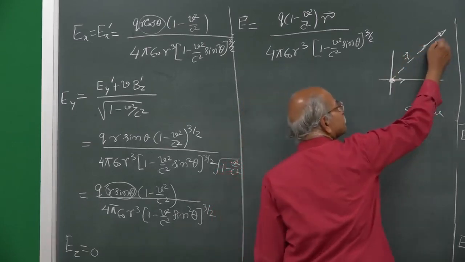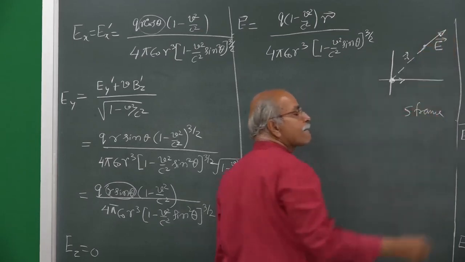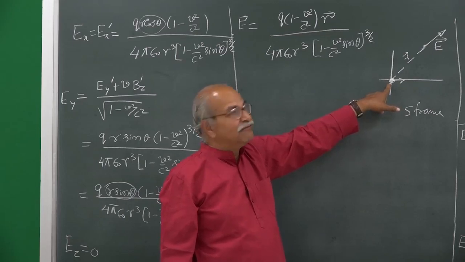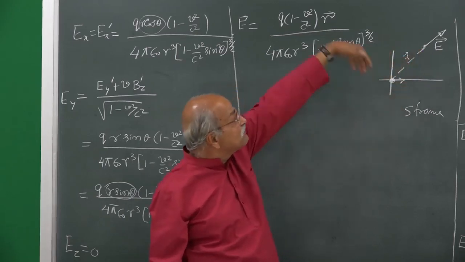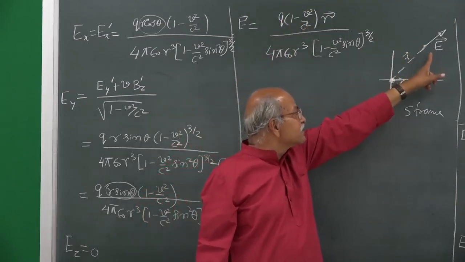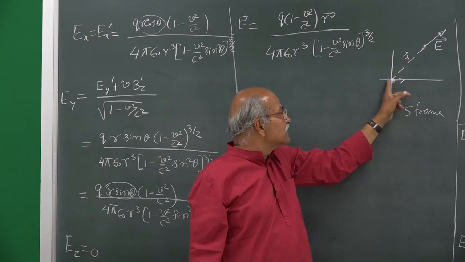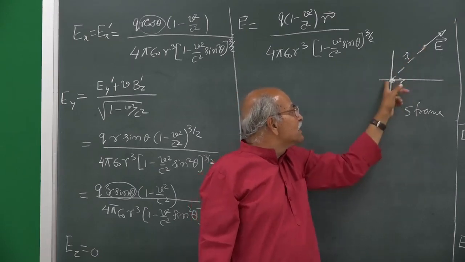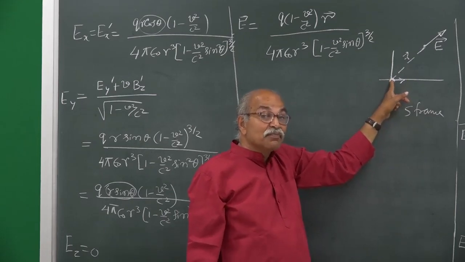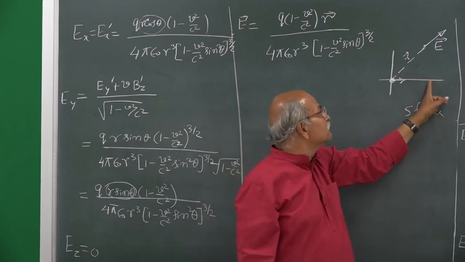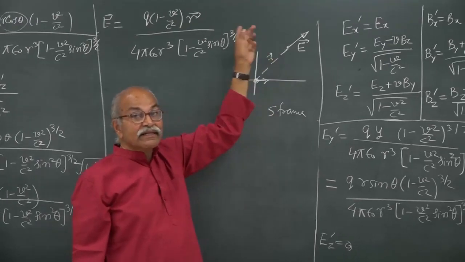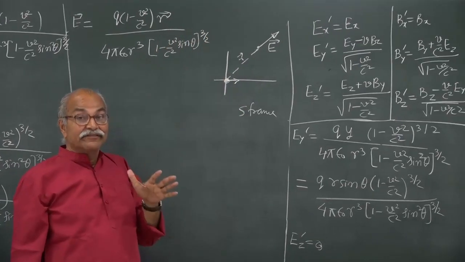That is the electric field from the instantaneous position of the charge, wherever this point is. This point may be far away, but still the field here, at this instant when the charge is crossing the origin, will be radial from the instantaneous position of the charged particle. If the particle is here, the electric field will be in this direction. If the charged particle is here, it will be in this direction. It is in a radial direction.